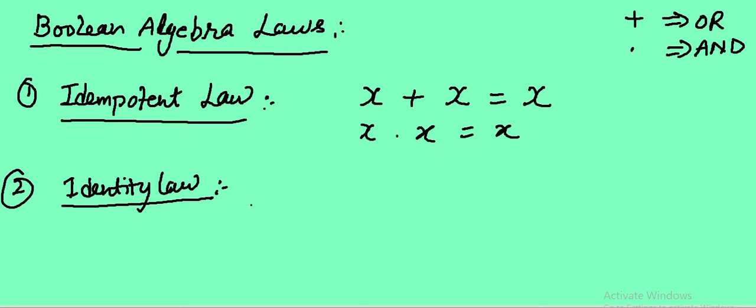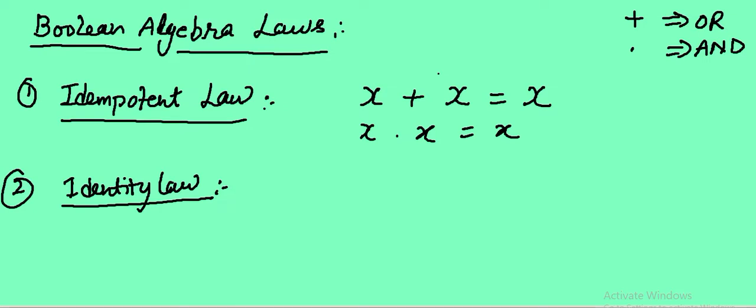In that video the contents and symbols were different. Here we have plus for OR and dot for AND, while in those laws we have conjunction, disjunction and negation, so don't confuse them. If you look carefully, you can catch the difference between these two; only the symbols are different.